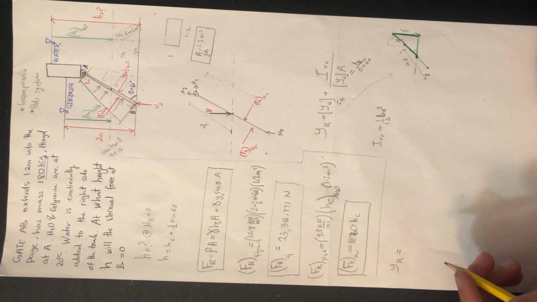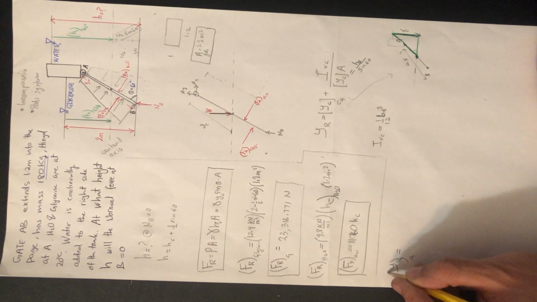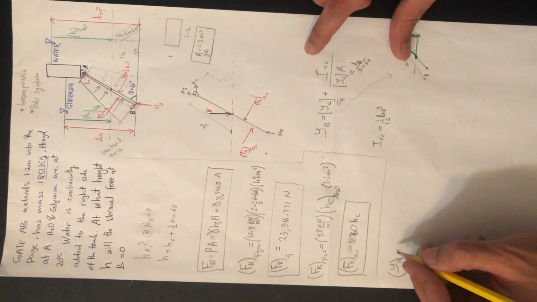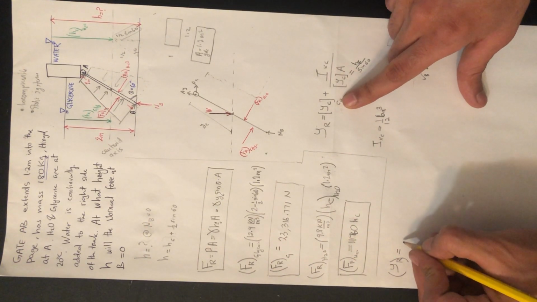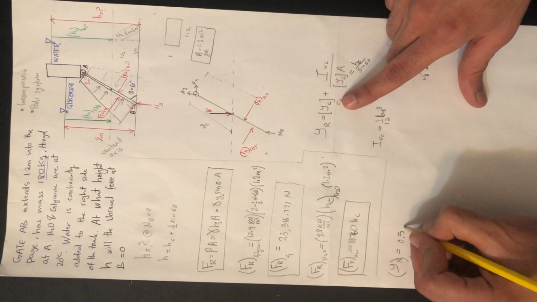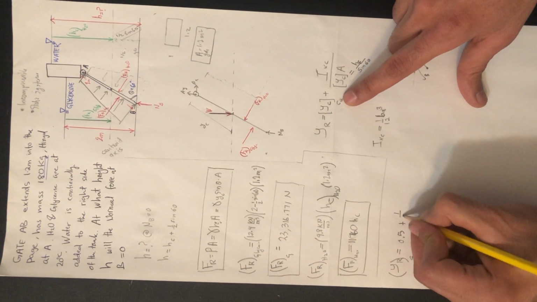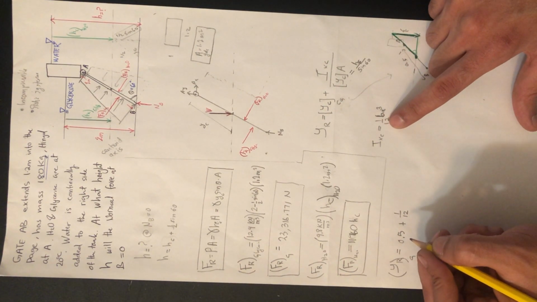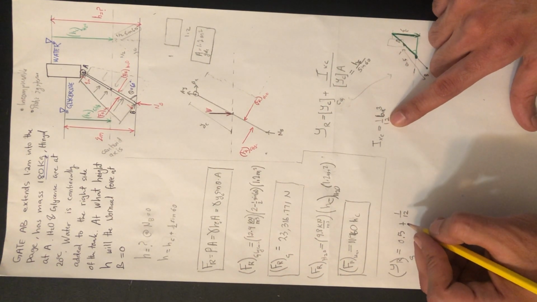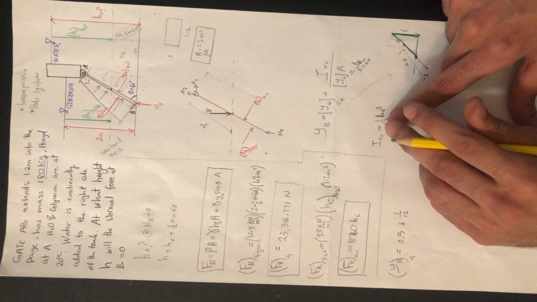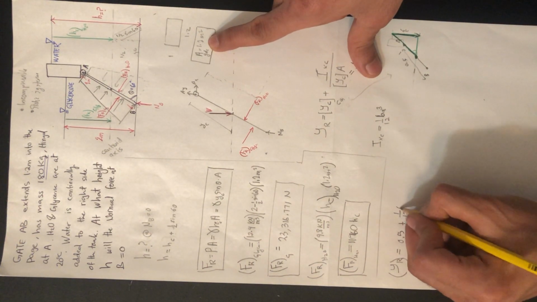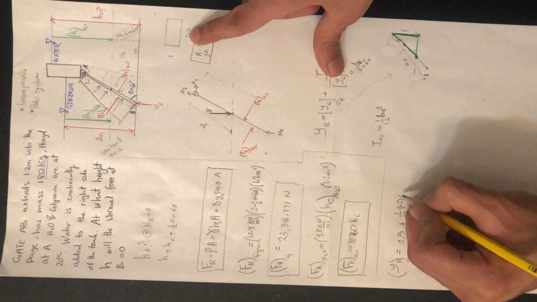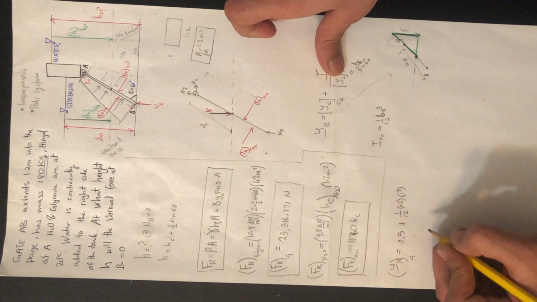And we would start with the glycerin. Our centroid of the gate is 0.5 plus our second moment of inertia, where our base is 1.2 and our height is 1 cubed.